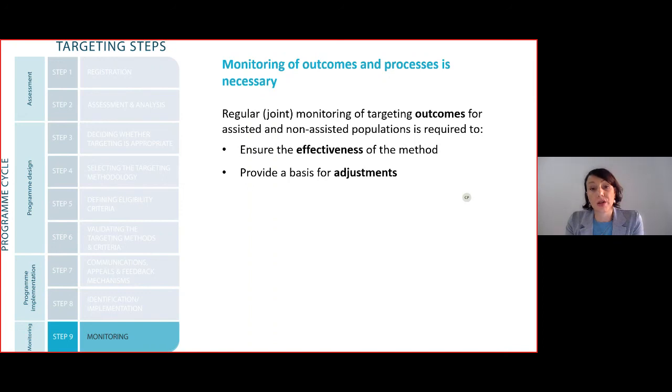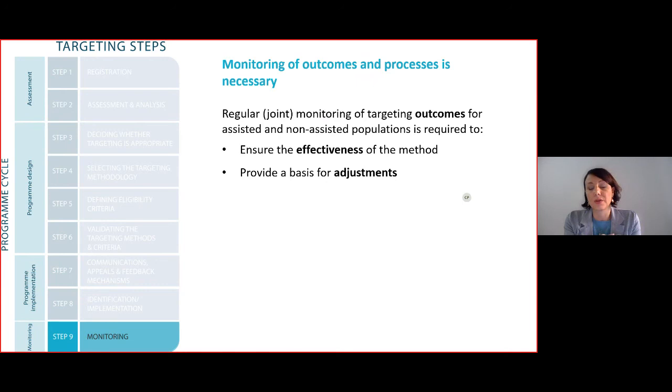But we need to monitor outcome indicators of assisted and non-assisted populations, especially to ensure the effectiveness of the methods that we have chosen, but also to understand which adjustments need to be made in order to reduce the error of the targeting method.